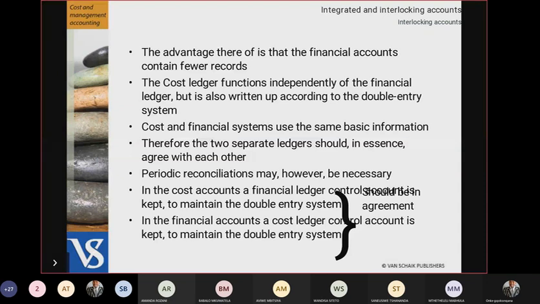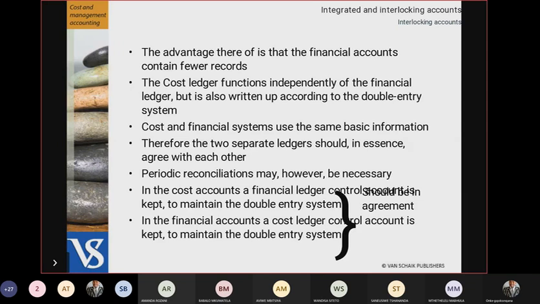Hence we cannot do away with the double entry system. That is why we need an account that represents the other side. Cost and financial systems use the same basic information. Therefore the two separate ledgers should, in a sense, agree with each other. But unfortunately, from time to time you'll find discrepancies, so you need to do a reconciliation if necessary.